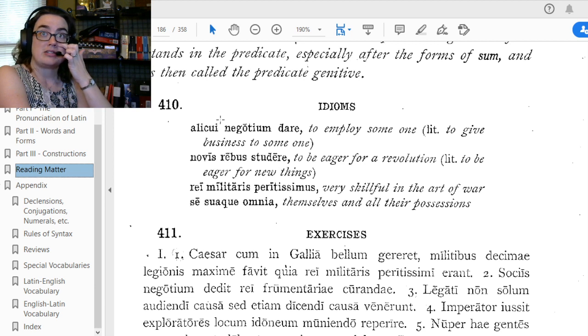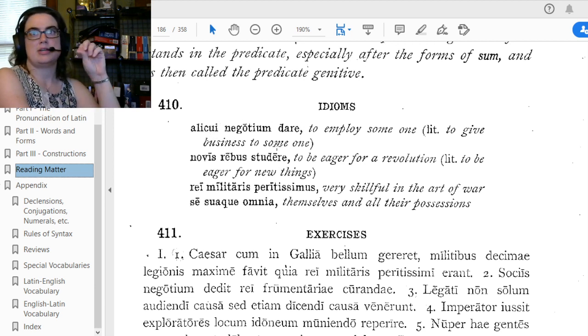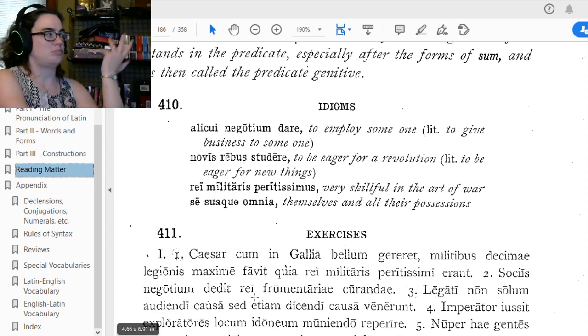All right. Some idioms. Let's see what they got here. Aliqui negotium dare, to employ someone, to give business to someone. Novis rebus studere, to be eager for a revolution. Very fun. New things, revolution.